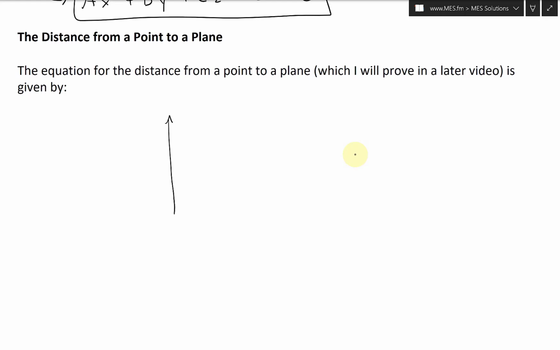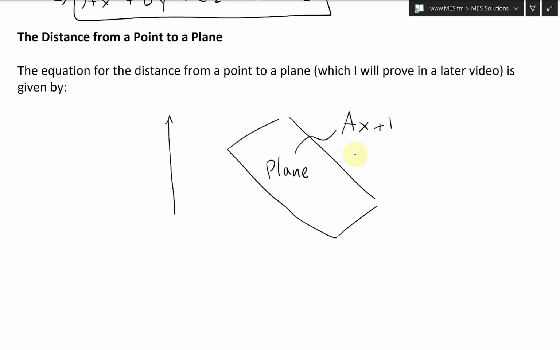Let's just do some drawings again, just to make it clear. Let's say we had a plane like this, at this angle, and this has the equation ax + by + cz − d = 0.